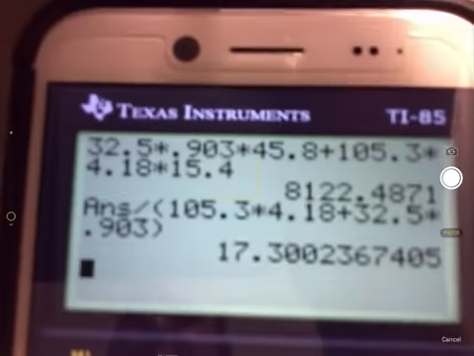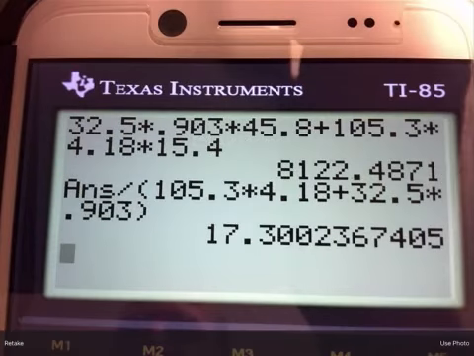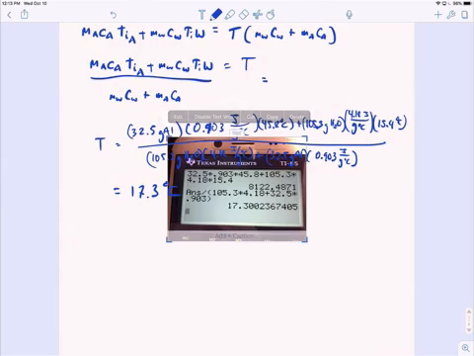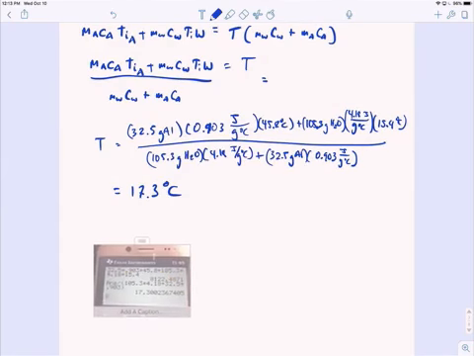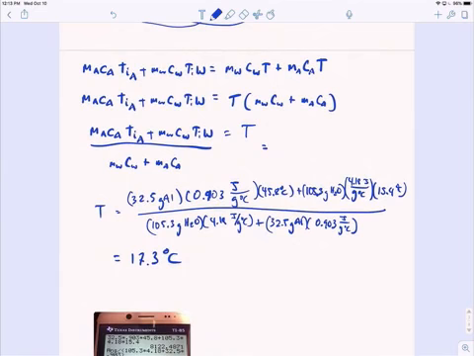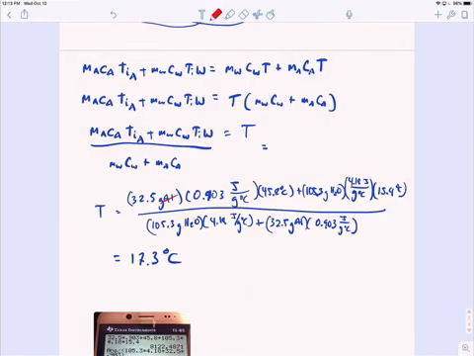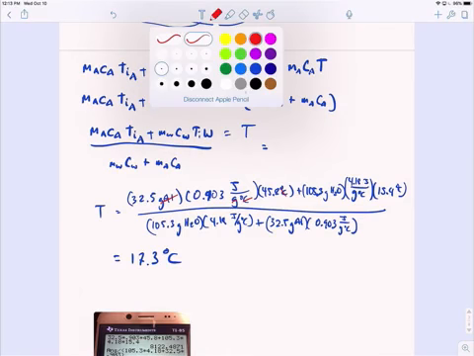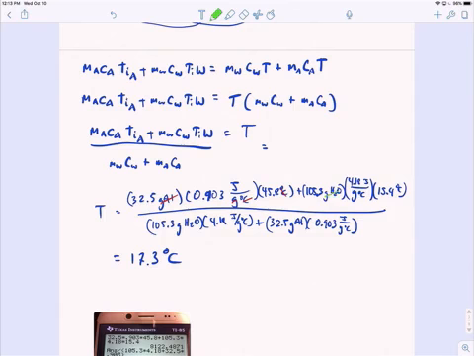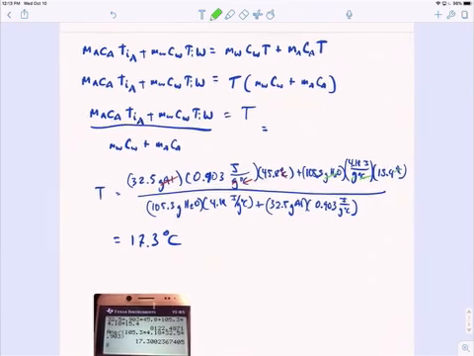That's not really a hard problem other than the fact that it's lots of bookkeeping. Okay, so let's talk about units. Unit-wise, grams of aluminum cancel, degrees Celsius cancel there. Same thing for water. Grams cancel there, degrees Celsius cancel there.